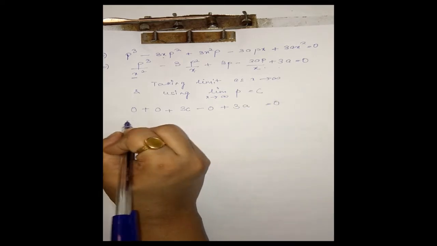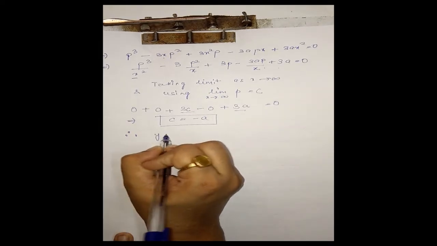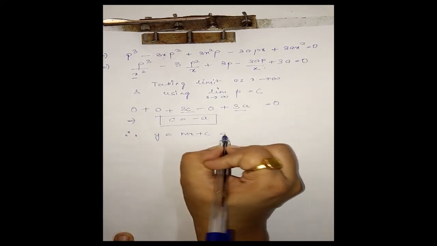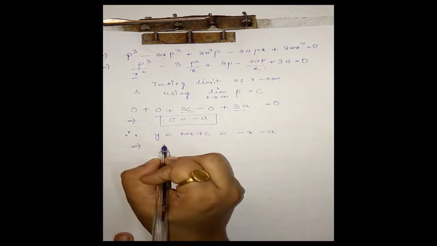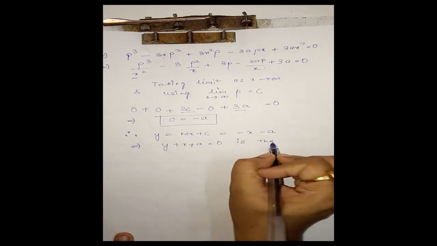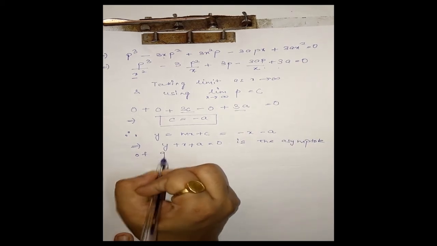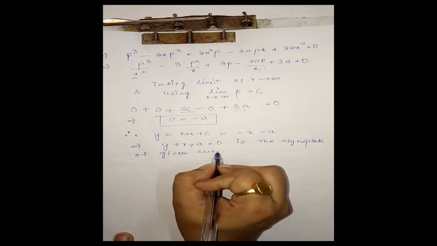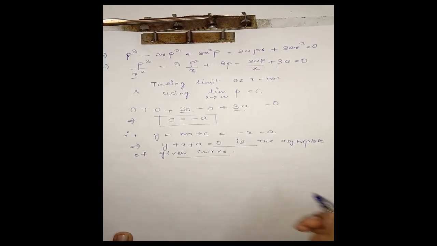Now this gives us c is equal to minus a. Therefore, y is equal to mx plus c, with m equal to minus 1 and c equal to minus a, that is y plus x plus a is equal to 0 is the asymptote of the given curve. This is how we have to find the asymptote by determining the values of m and c.